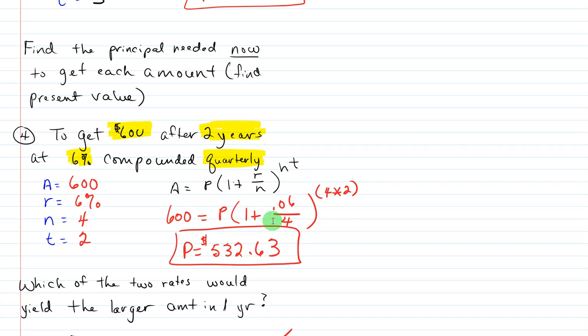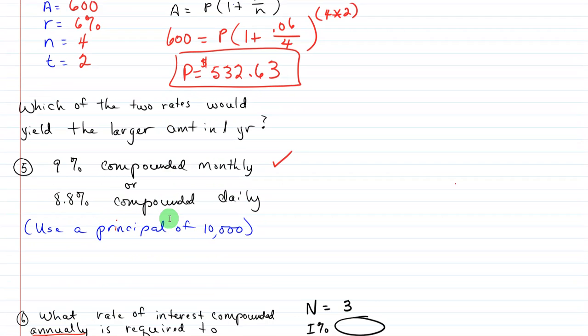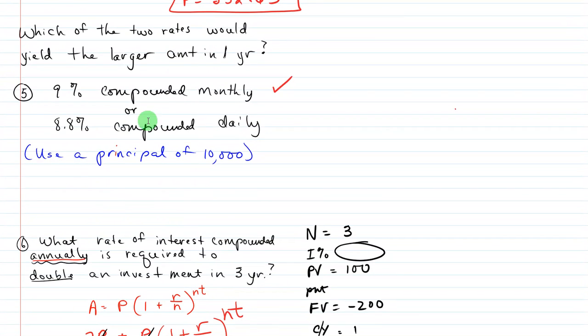So I'm solving for this. What you can do is figure out all of this piece on your calculator, then divide it into 600, and you get the 532. Okay. You might have a problem where you're comparing, but we'll do one of those in our homework.